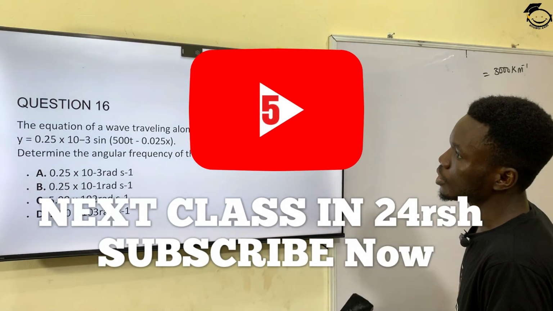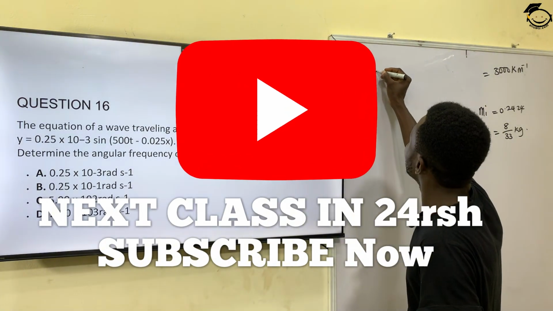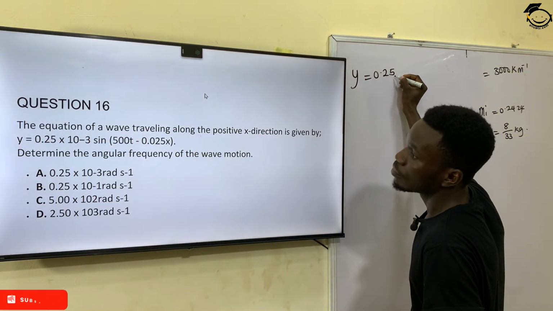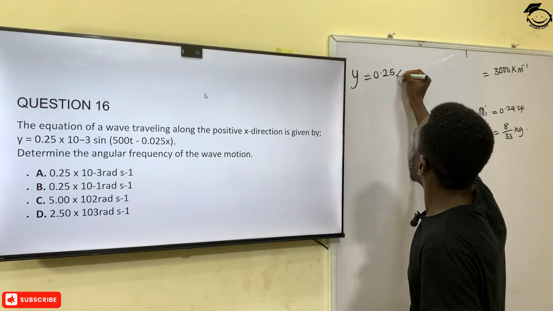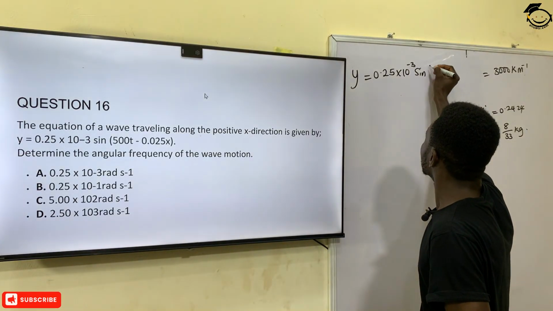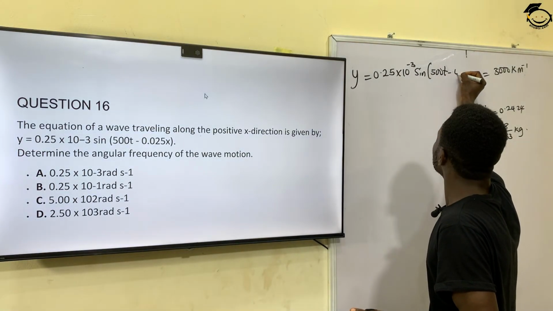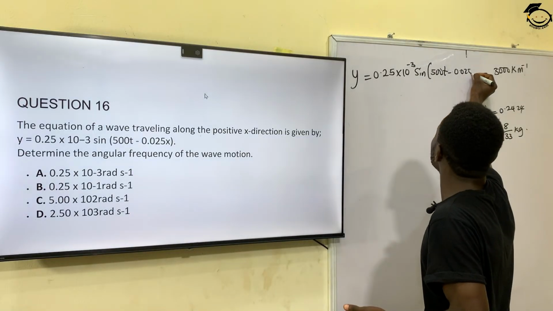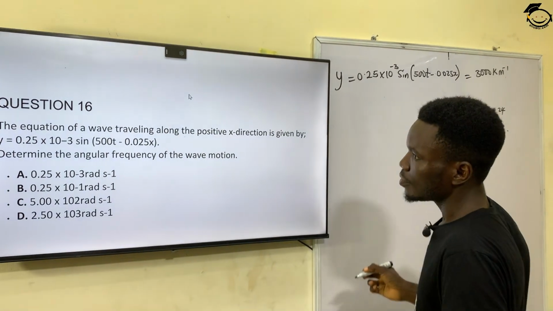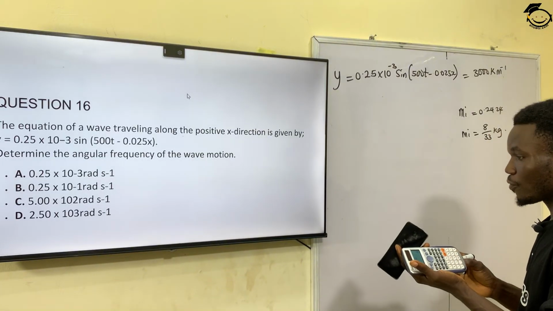We are given this equation that says that my y is equal to 0.25 times 10 raised to power minus 3 sine (500t minus 0.025x). They said define the angular frequency of the wave.